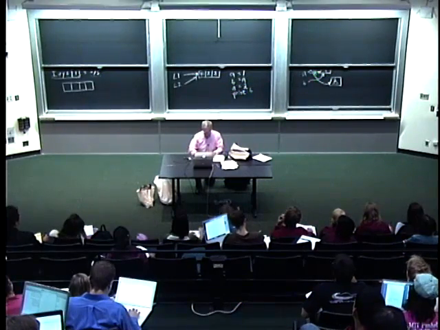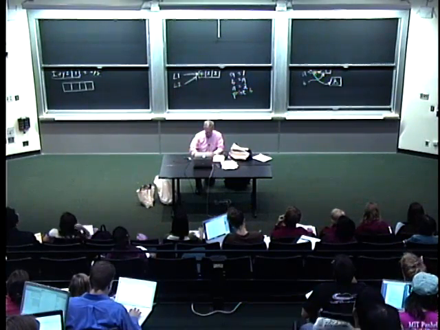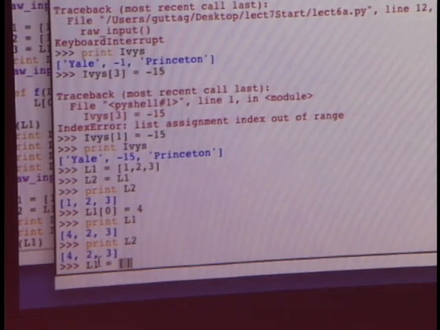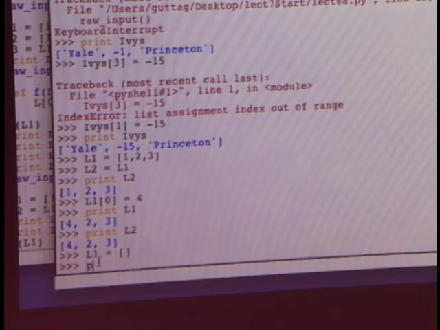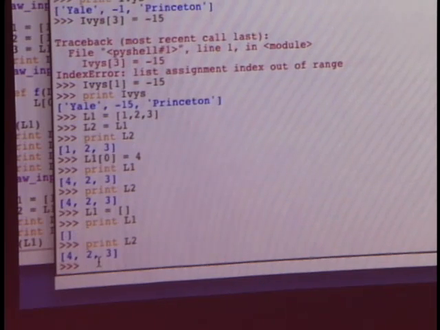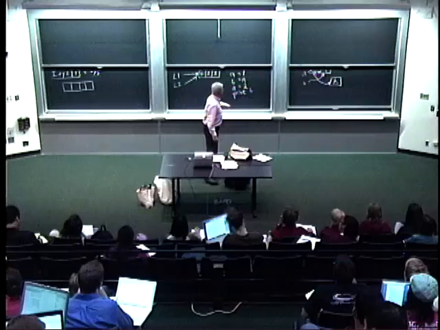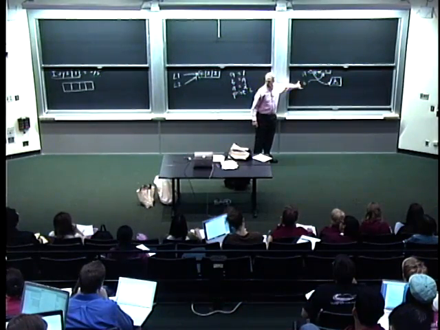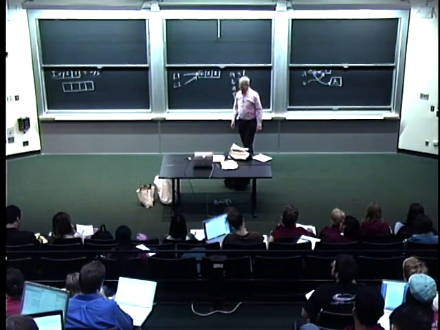The question was, suppose I now type L1 equals the empty list. I can print L1, and I can print L2, because, again, that's analogous to this example where I just swung the binding of the identifier.